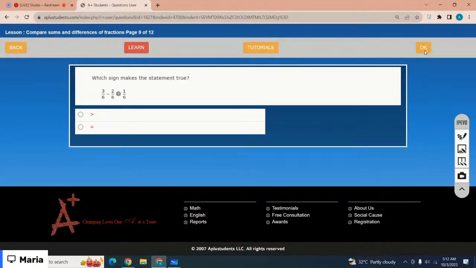Okay. The next one is 3 by 6 minus 2 by 6, and then you have to compare it to 1 by 6. So which is the correct option?